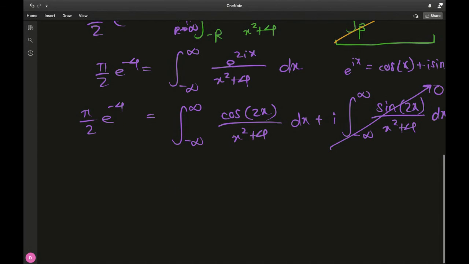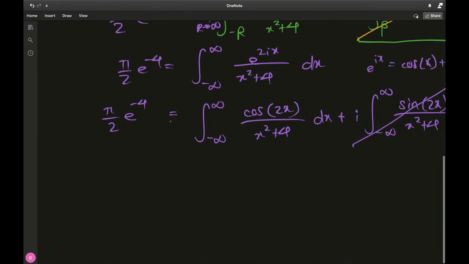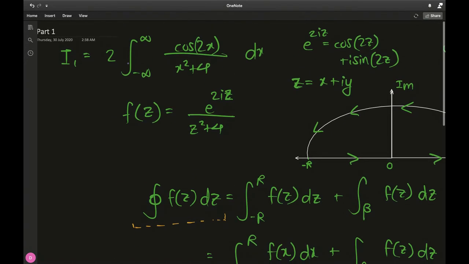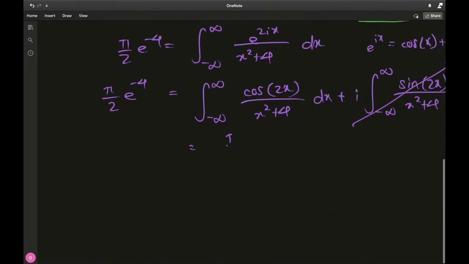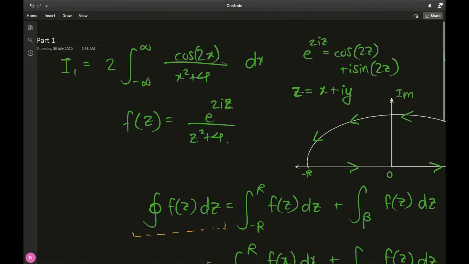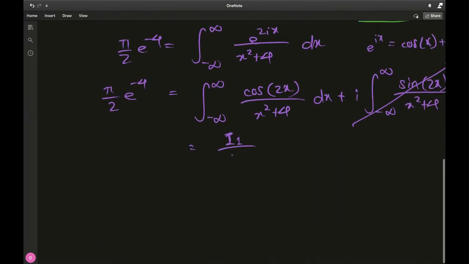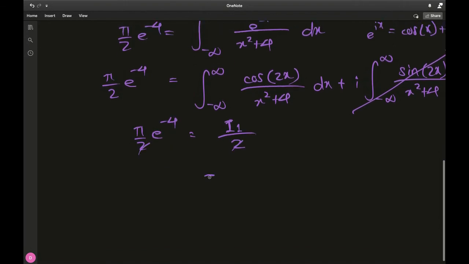And this is just half of I2, right? I2 is 2 times this. So this is I1 over 2, which is equal to pi over 2 times e to the negative 4. The 2's will cancel, which means I1 is equal to pi times e to the negative 4, which you can write as pi over e to the 4.